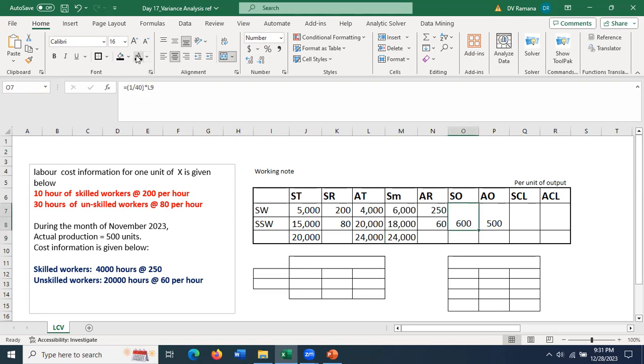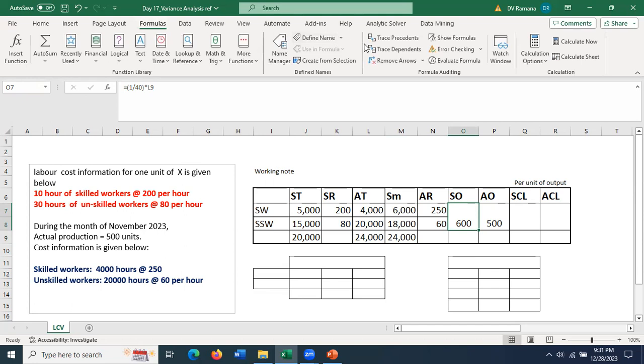Therefore, for 24,000 hours, our production should have been 600 units, but you produced 500 units. So this is also a reflection of inefficiency. Is the inefficiency because of the rate? Is the inefficiency because of the mix? Is the inefficiency because of some reasons which are beyond the explanation of information available here?